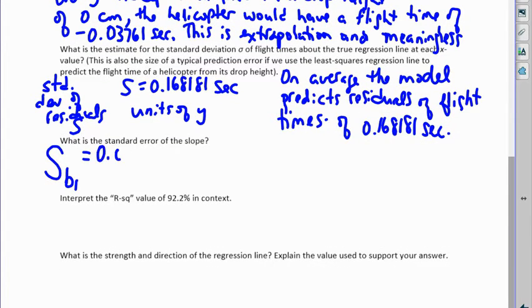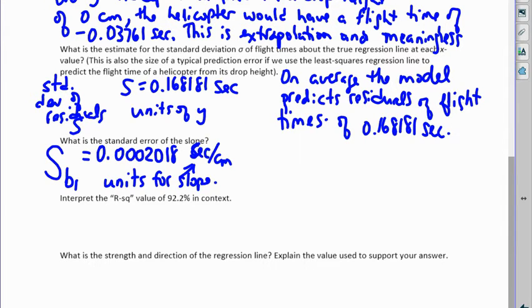So 0.000218, and the units of slope would be seconds per centimeter. Okay, so that has to match the units for slope. So on average, our slope will vary by approximately 0.000218 seconds per centimeter in repeated trials.